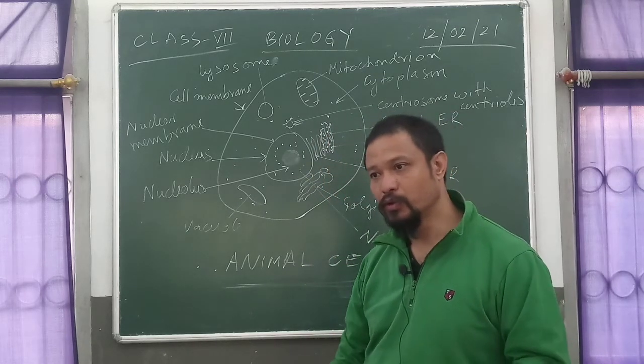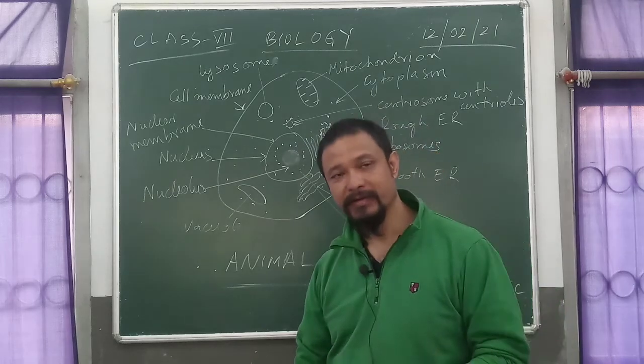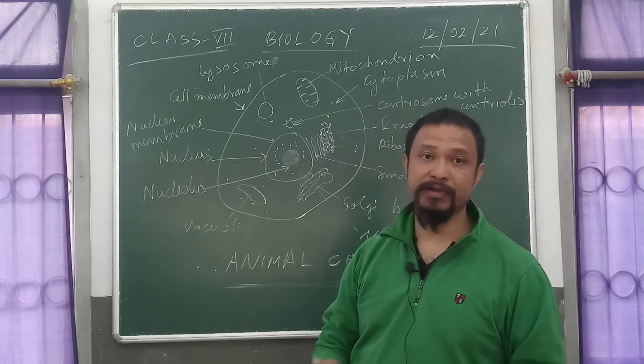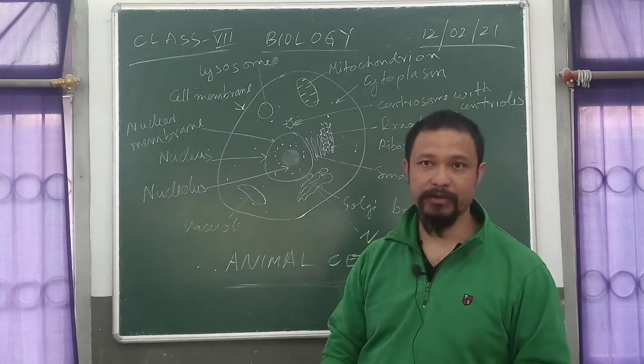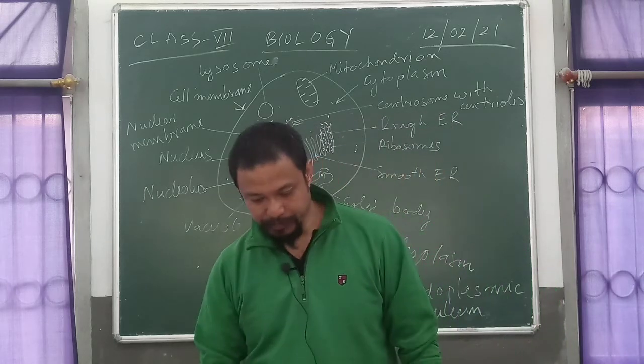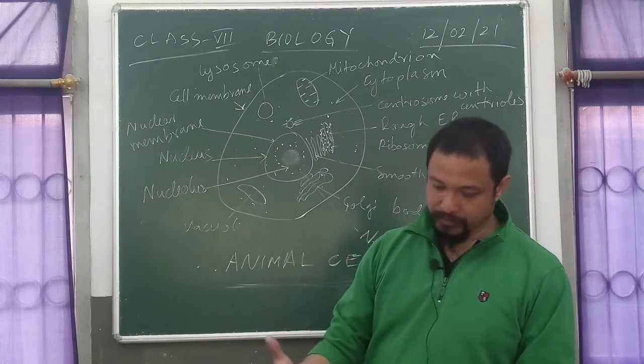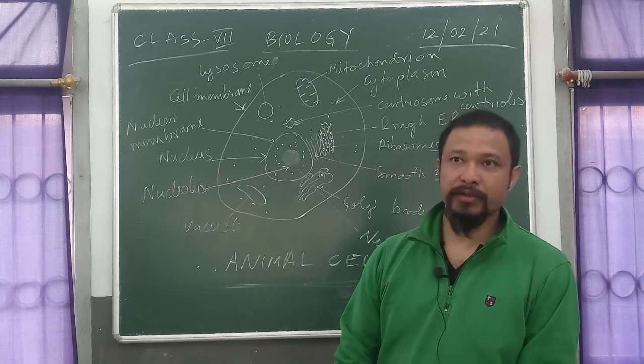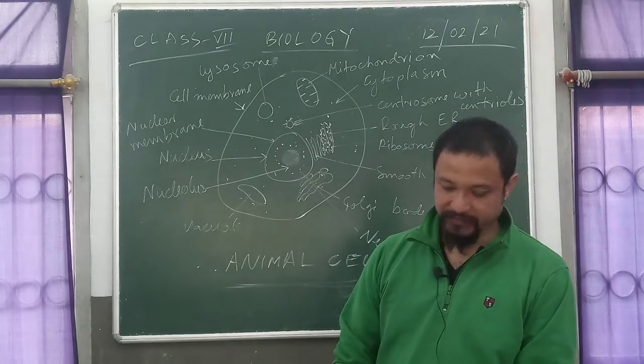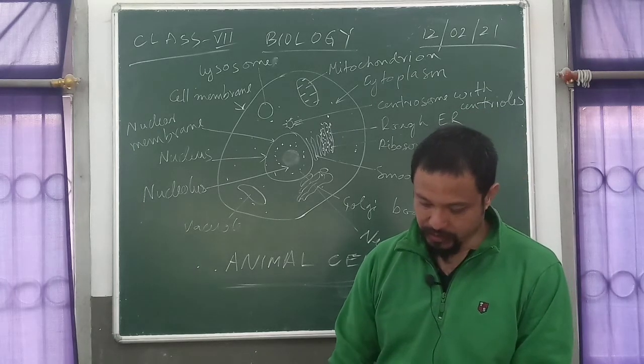Like when you grow up and turn into a teen, there are hormones which start acting up in your body, male hormones, female hormones, all those things. So they are responsible for the production of fats, steroids and hormones.